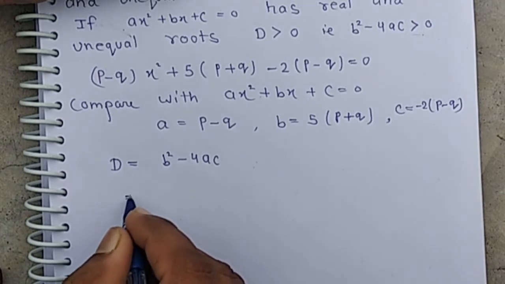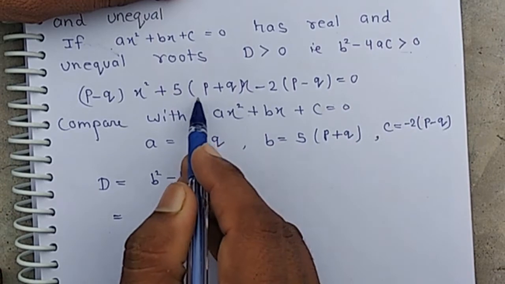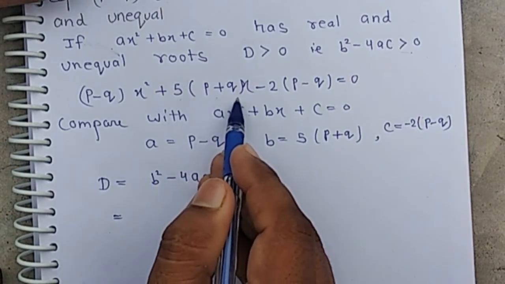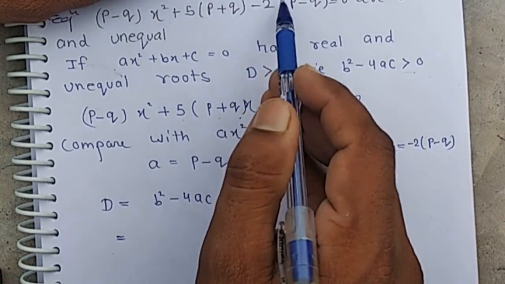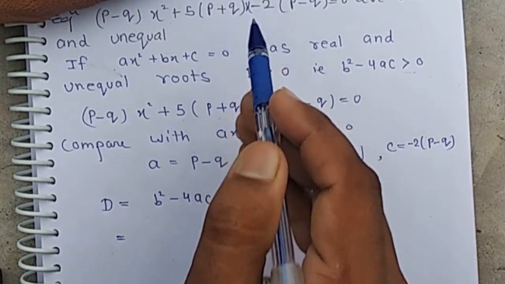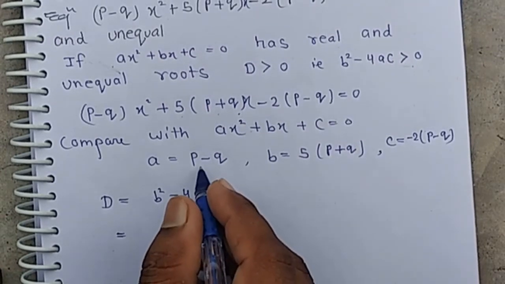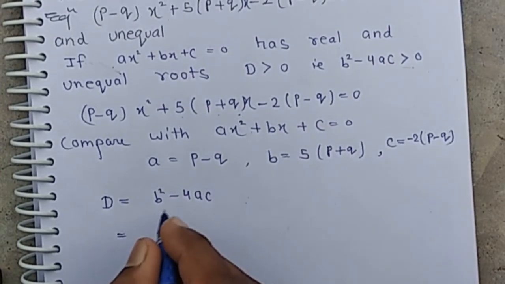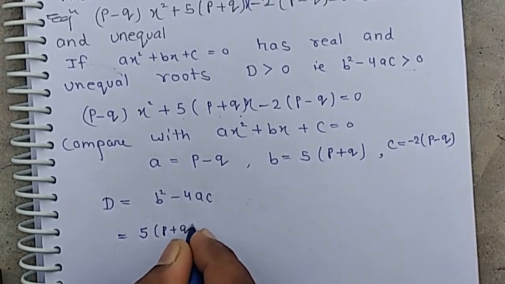B is the coefficient of x. Coefficient of x is 5 into p plus q. Sorry, some mistake in the question. It is 5(p plus q)x. A is the coefficient of x square.